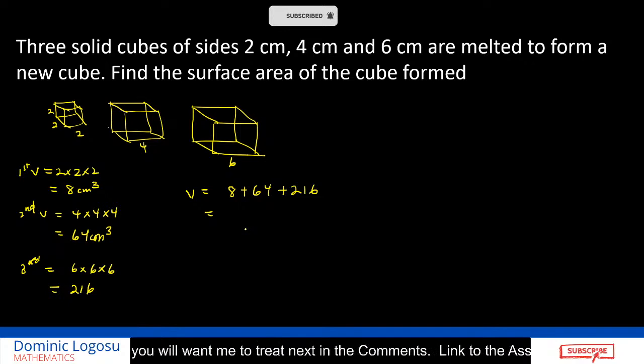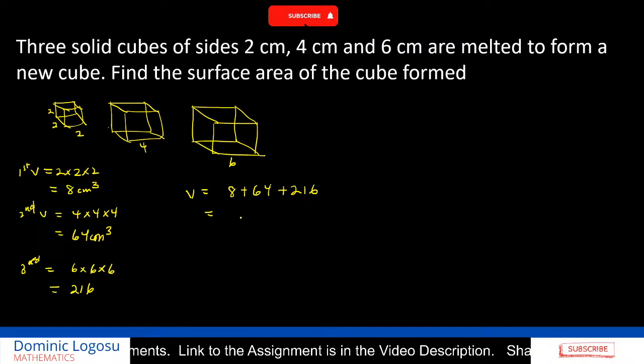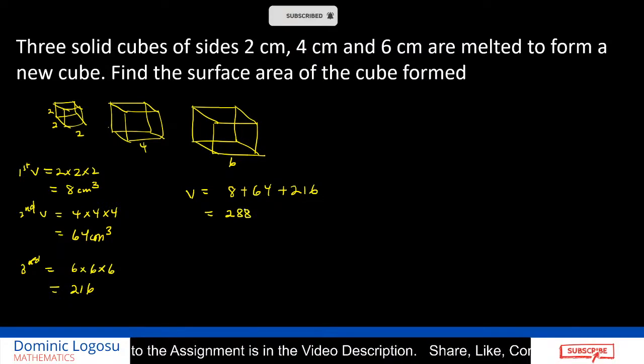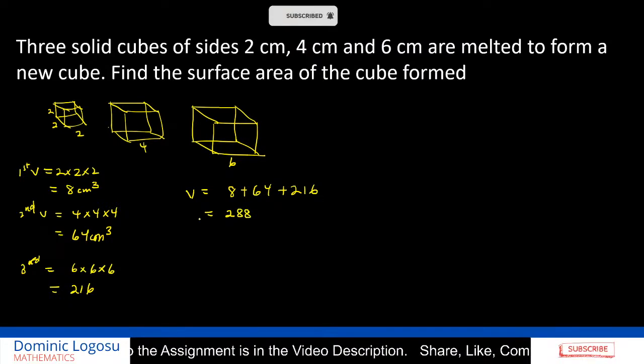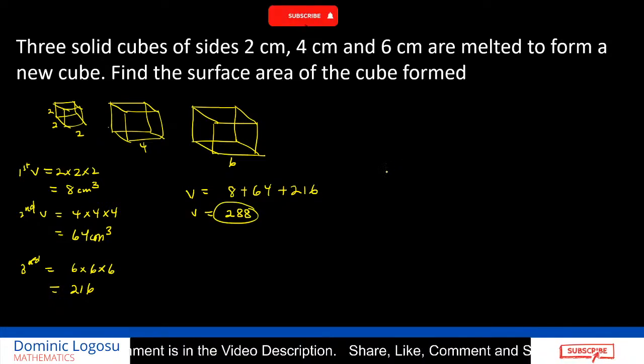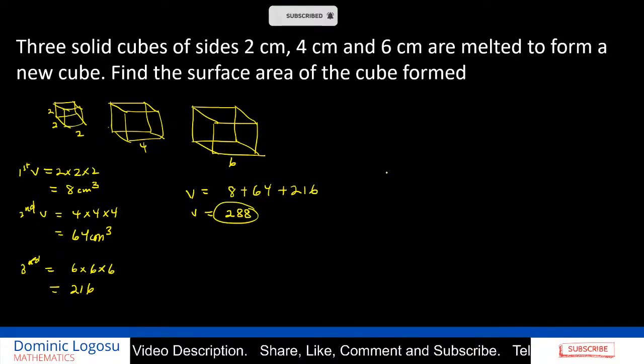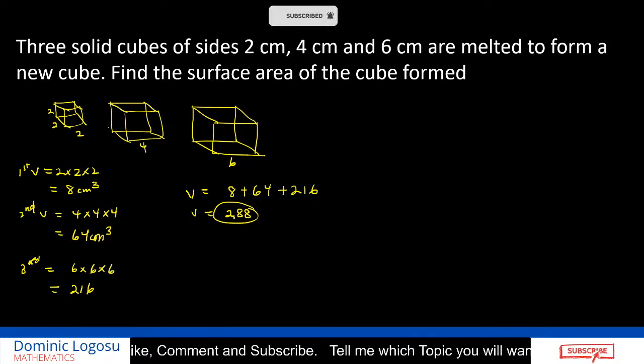Please, we are waiting. I think it's her birthday, so she's on fire with the calculation. So this is the answer, and this should be the volume of the new cube.